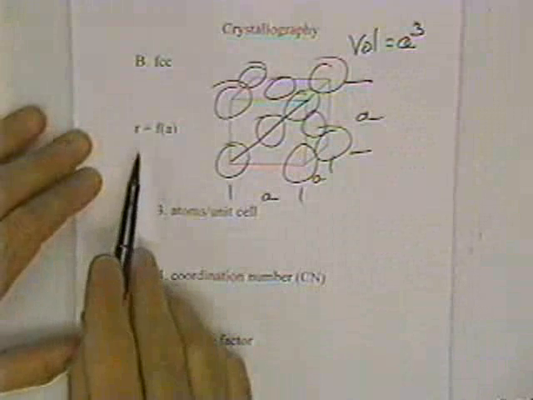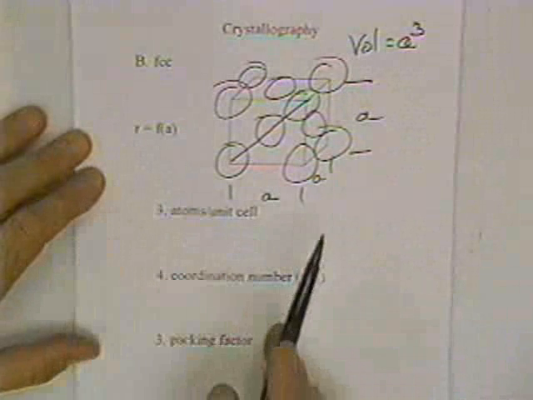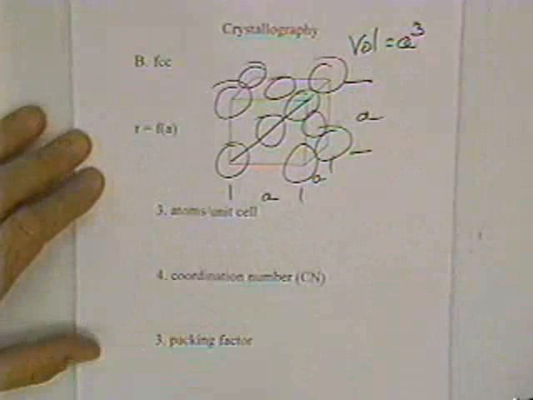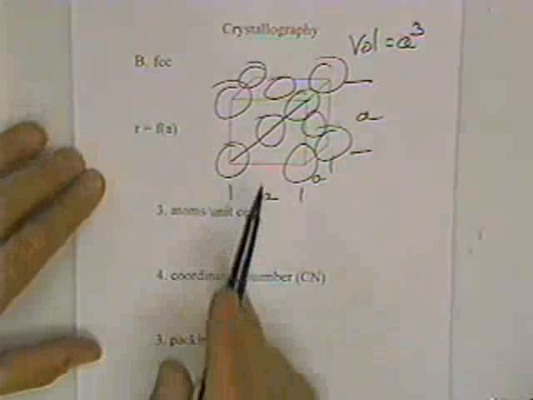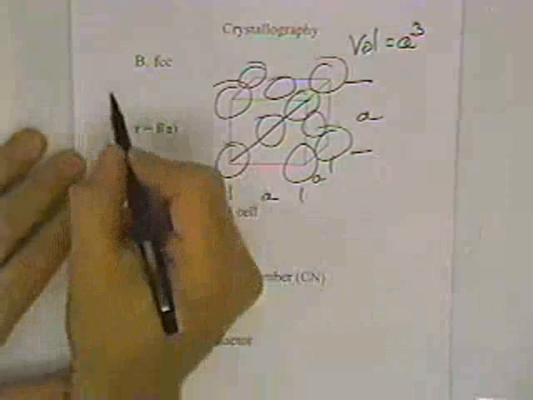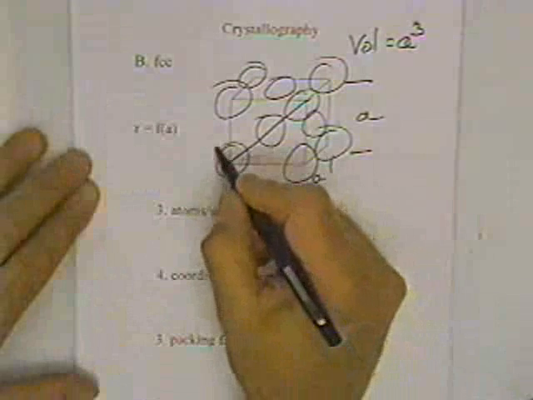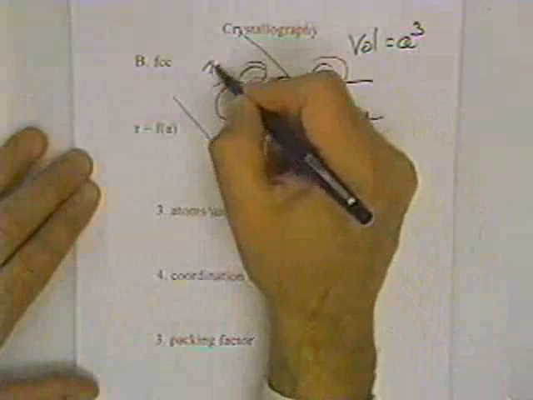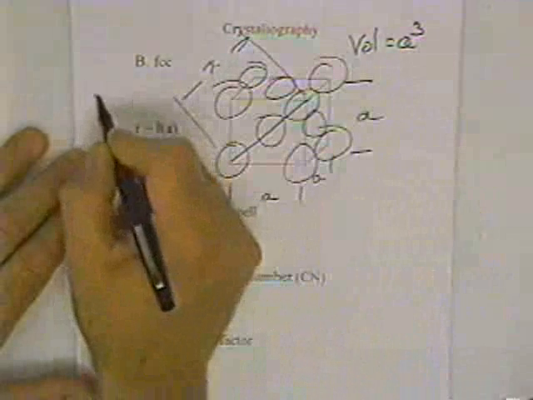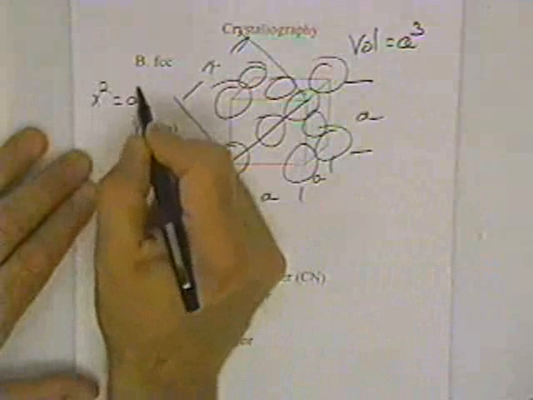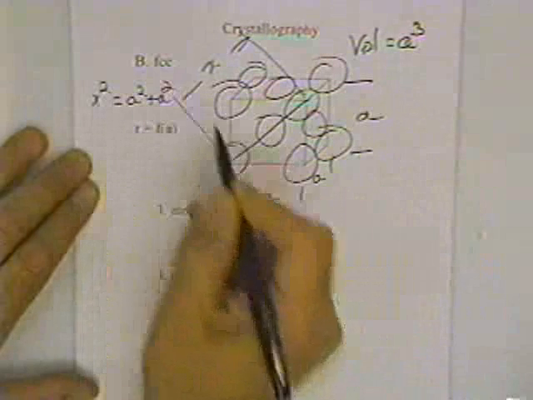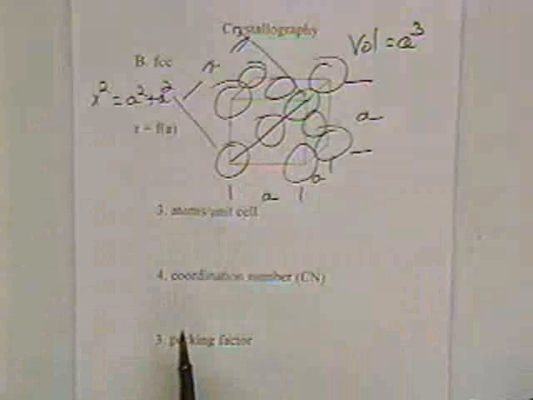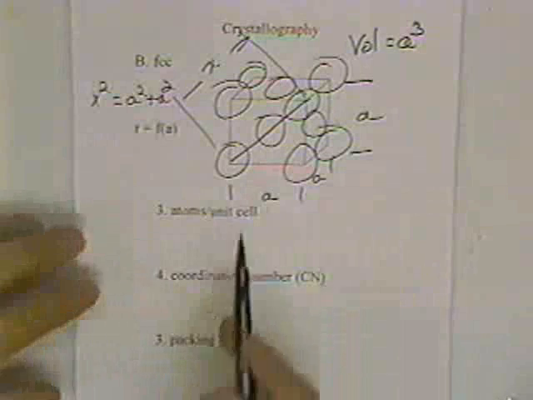And we can determine the radius of the atoms, again using the assumption that the hard sphere model works. This time it's a little bit easier. If we call this distance x now, we can say x squared is equal to a squared plus a squared, because we're using the face diagonal rather than the cube diagonal.